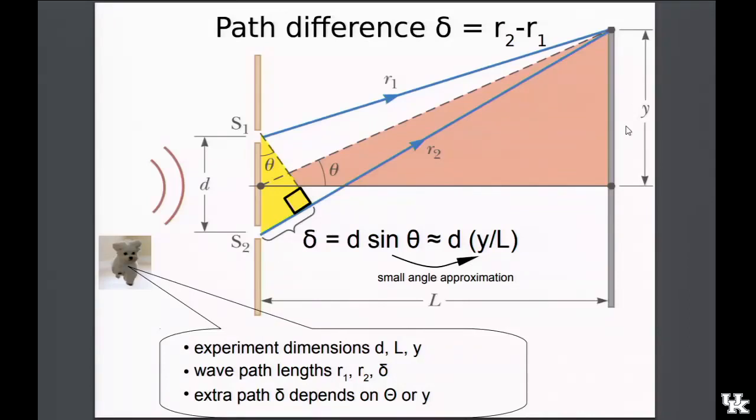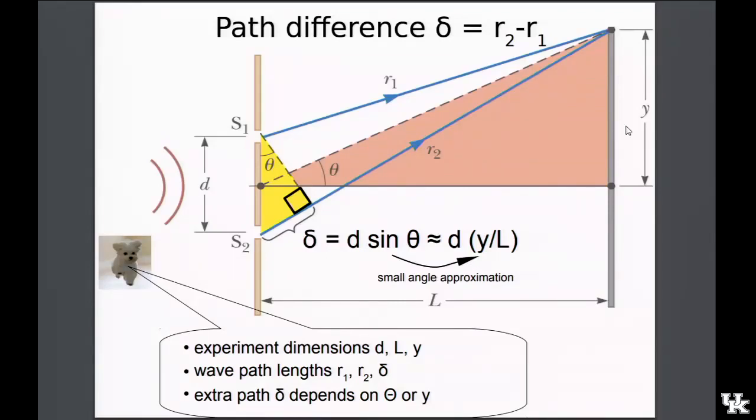So the parameters of the two-slit experiment are the separation between the slits, the distance to the screen, and the wavelength of the light. I'm not going to spend much time on this slide here. I really want to spend a bit more time on the equation on the next slide.